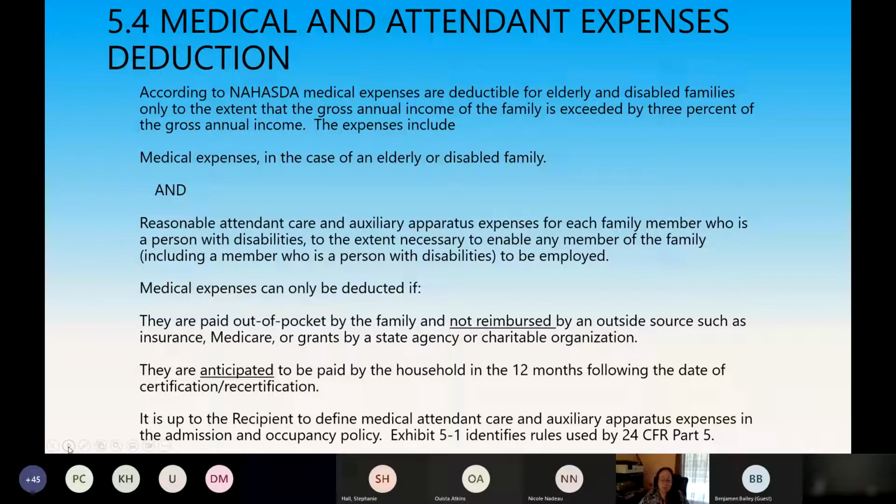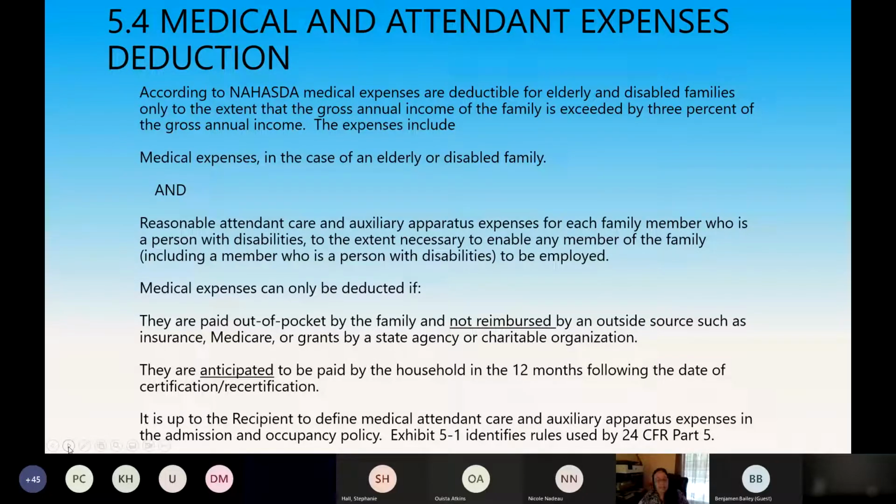Medical expenses can only be deducted if they are paid for out of pocket by the family and not reimbursed by an outside source such as insurance, Medicare, grants, Indian Health, state agencies, or other charitable organizations.